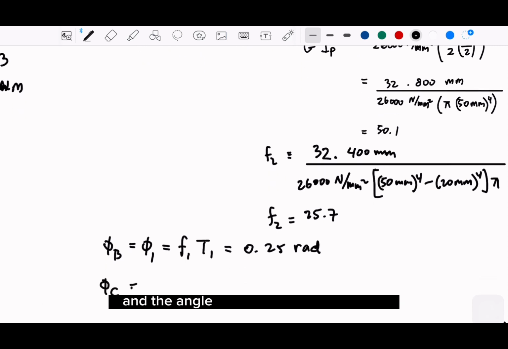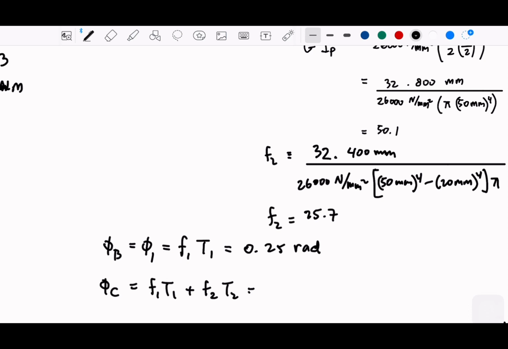And the angle C is F1T1 plus F2T2. And this is around 0.17 radians.